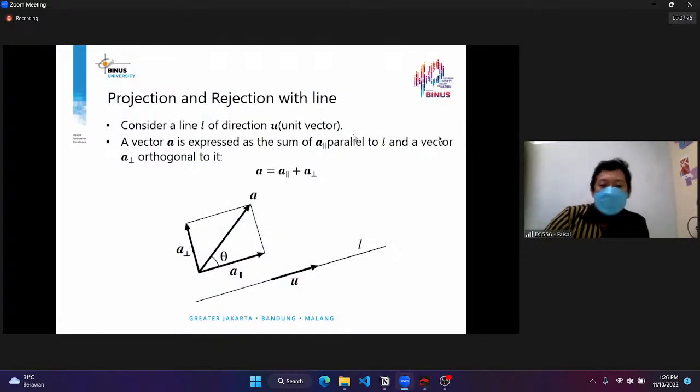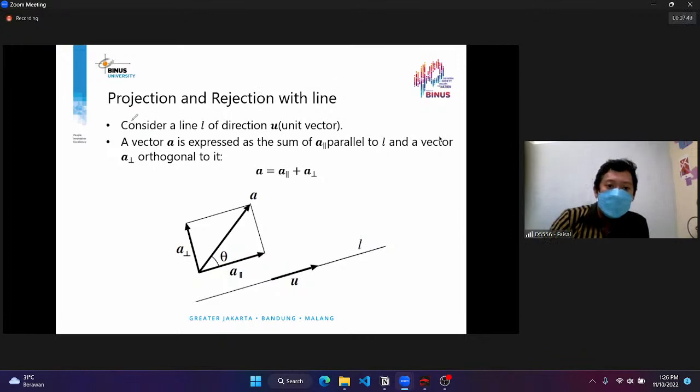Okay, now what is a projection and rejection? We can define projection and rejection using a vector. We will project or reject vectors using a line.